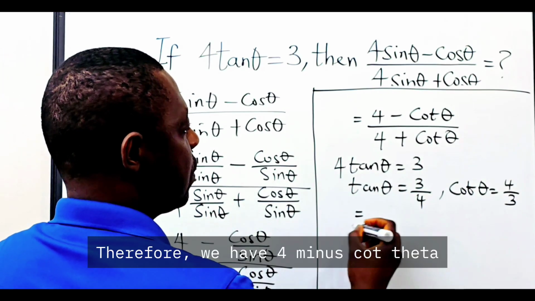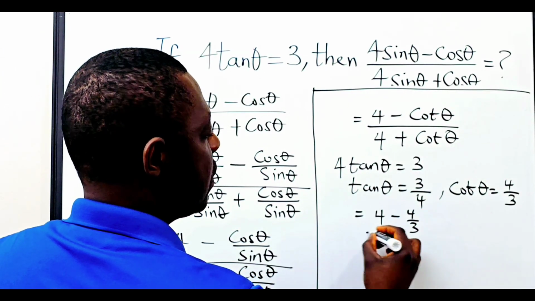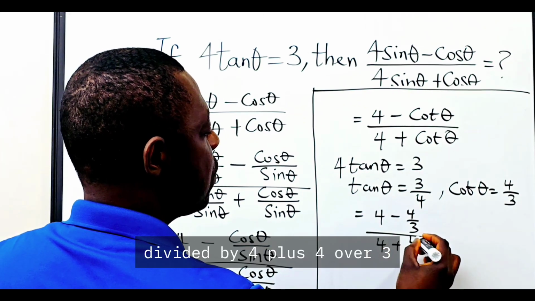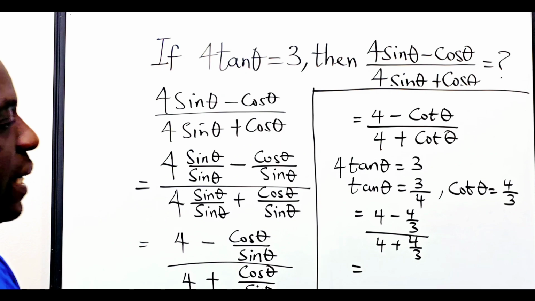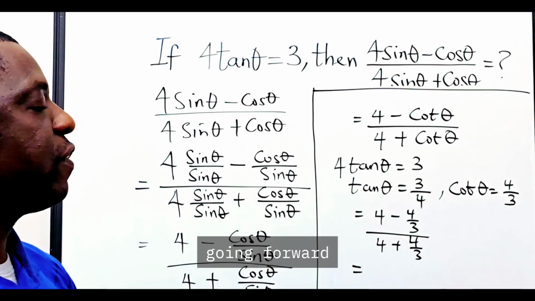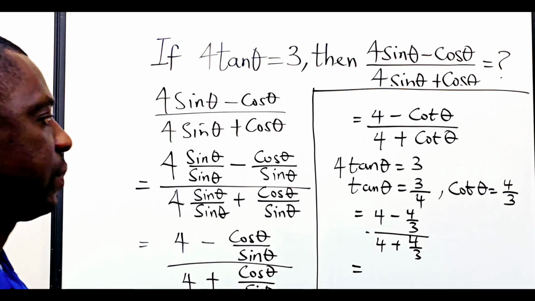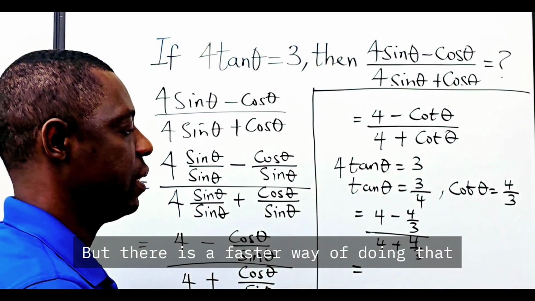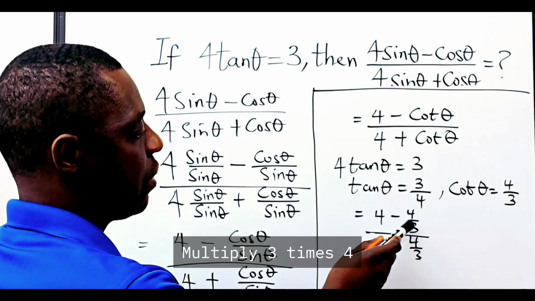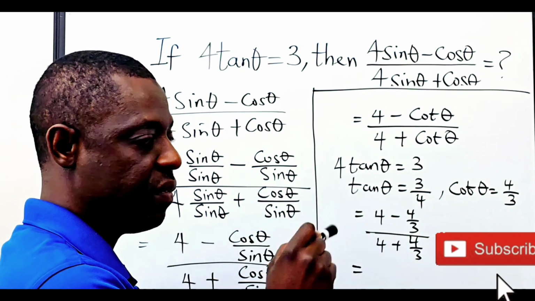Therefore, we have 4 minus cot theta, which is 4 over 3, divided by 4 plus 4 over 3. Now, going forward, we can find the LCM, and the LCM on this one is 3, but there is a faster way of doing that. Multiply 3 times 4, which is 12, minus 4, which is 8, divided by 3.